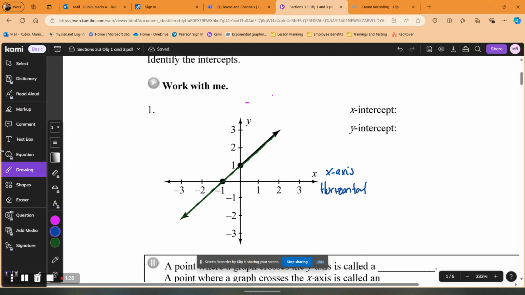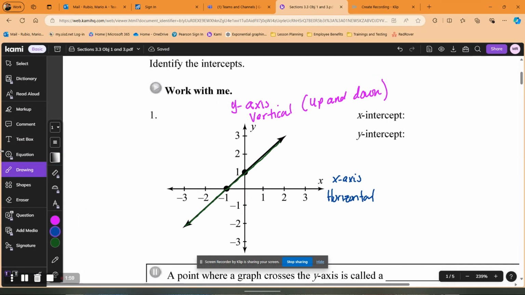And then let's keep this as y-axis, and it runs vertical, which is up and down. And then this horizontal is left to right.